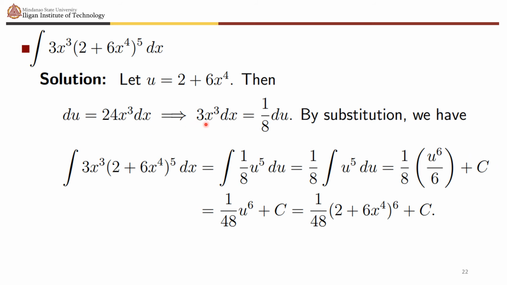So we have now rewritten 3x cubed dx to be equal to 1/8 du, and we can substitute this value into the following. The integral of 3x cubed times the quantity 2 plus 6x to the 4th, raised to the 5th, dx is now equal to, replace 3x cubed dx by 1/8 du, and 2 plus 6x to the 4th is supposed to be your u, so you replace it by u raised to the 5th.